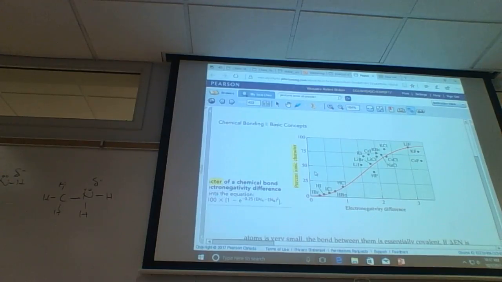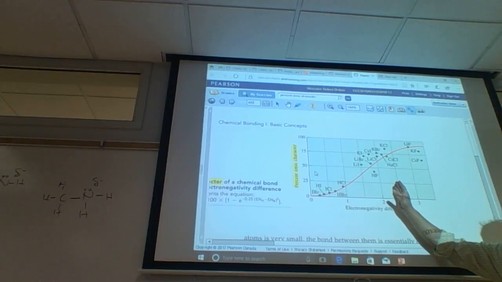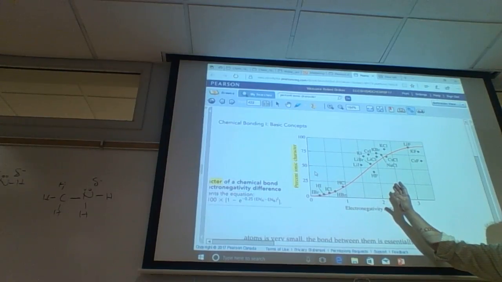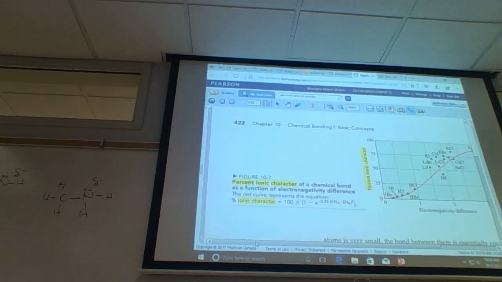Can you give me a one-sentence synopsis or summary of this chart? This is Figure 10-7.